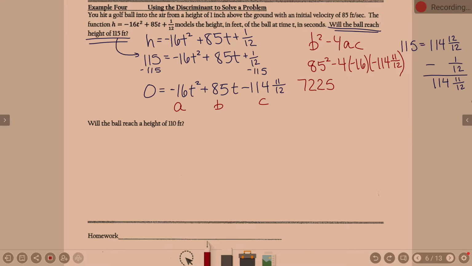7,225. I think I got it. I'm working on it here. Sorry, switching this over. I was going to demonstrate on my calculator.